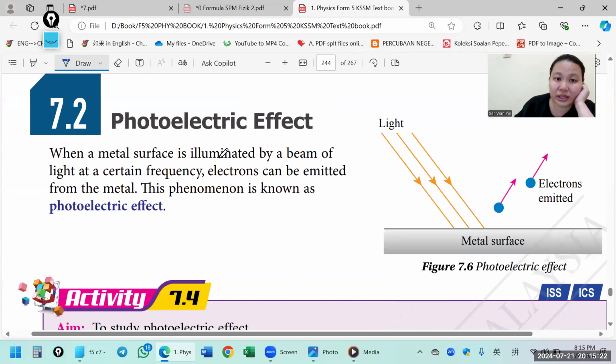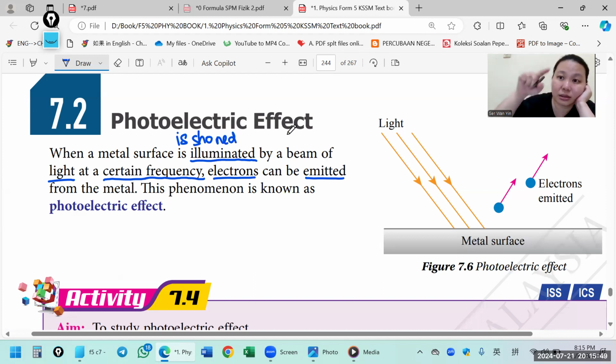Okay, when a metal surface is illuminated by a beam of light at certain frequency, electron can be emitted from the metal. So electron is emitted. You can say light with certain frequency is illuminated, is shown. Illuminated means direct the light.